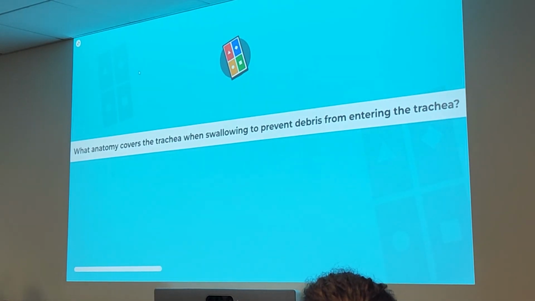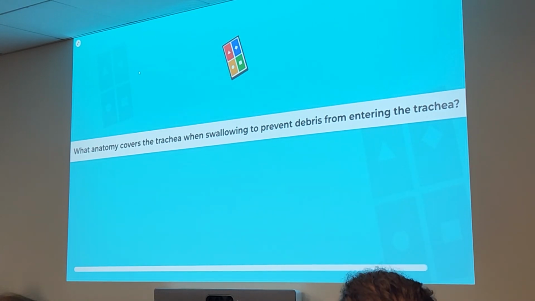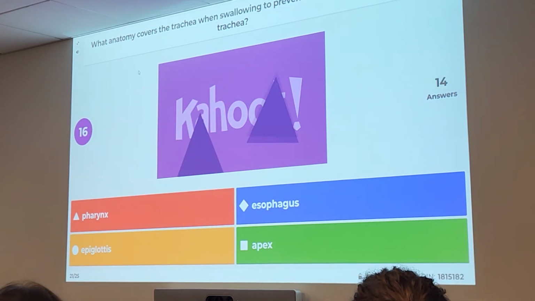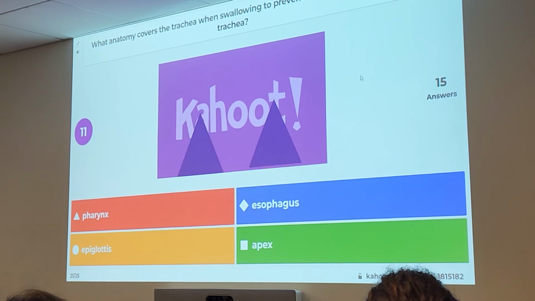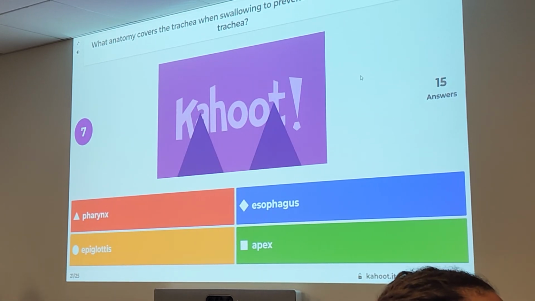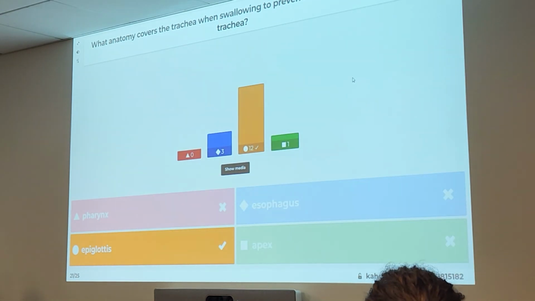What anatomy covers the trachea when swallowing to prevent debris from entering the trachea? No, it's not the apex. Glottis, epiglottis. You actually swallow down the esophagus.